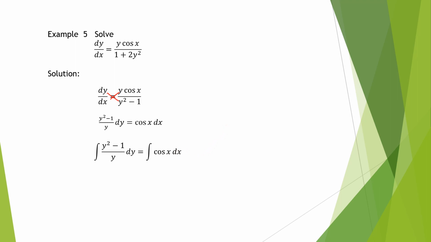Of course, this can be y over y, which is the same as y, and then negative 1 over y, that is negative 1 over y for the integration, and then dy.